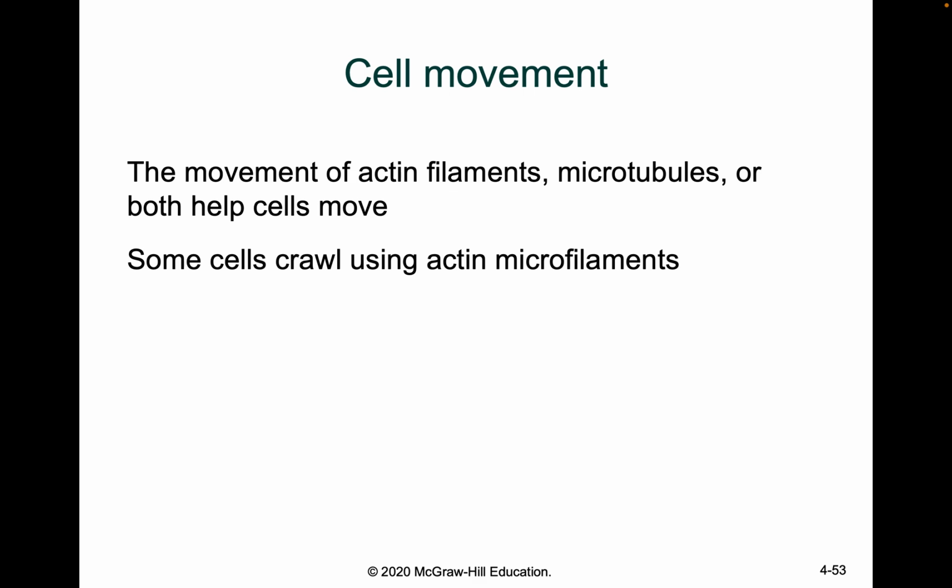Actin will start to polymerize right next to the cell membrane, pushing the cell membrane forward, literally like extending the arm of the cell, like a baby extends its arm forward.